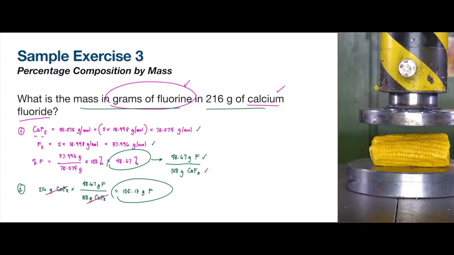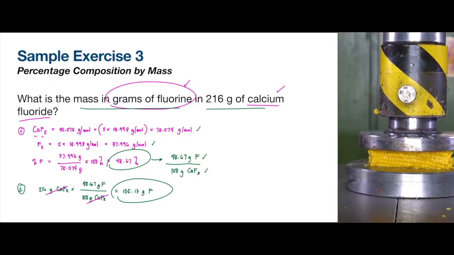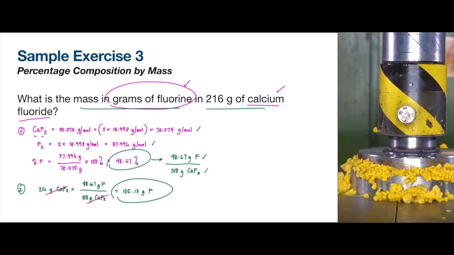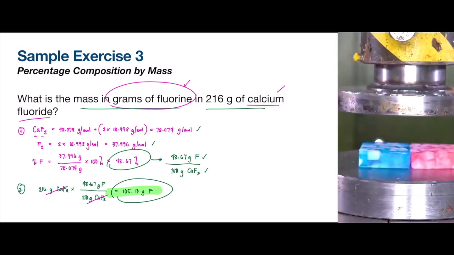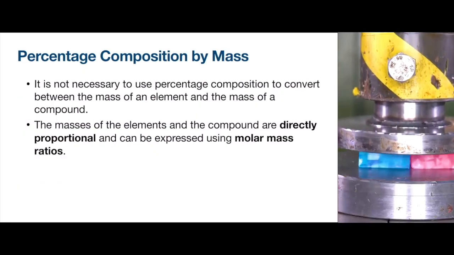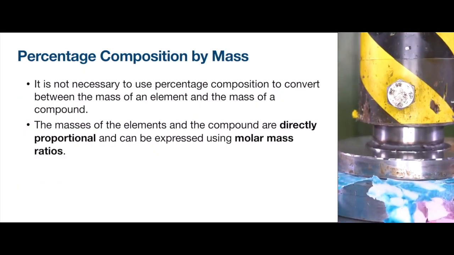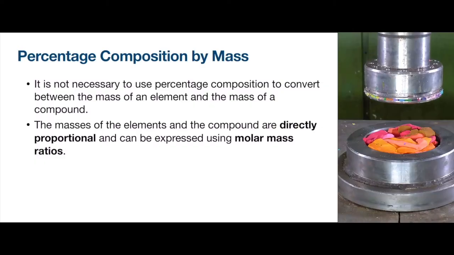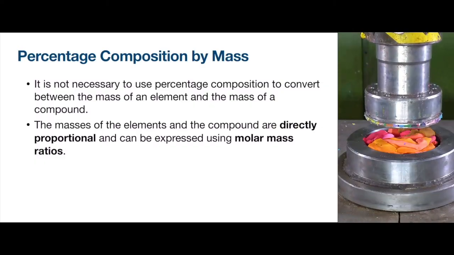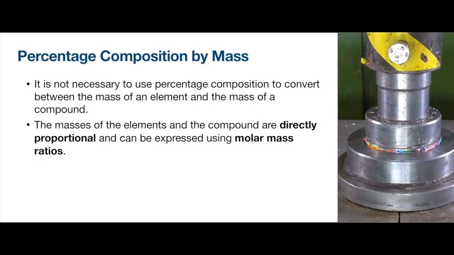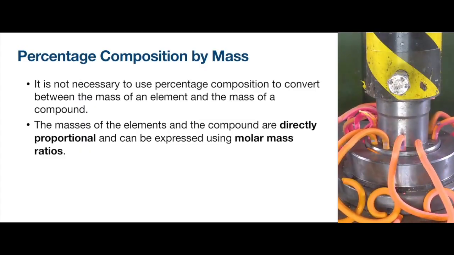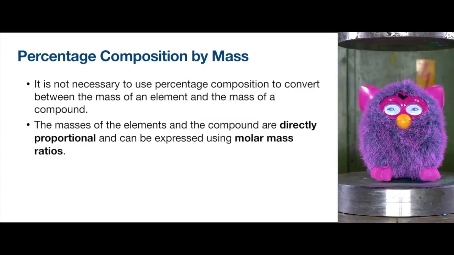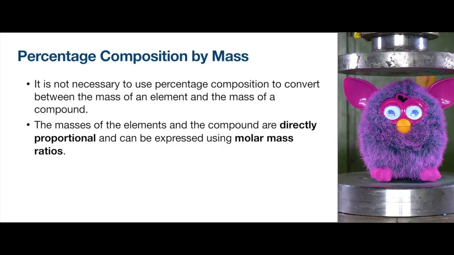Therefore, in 216 grams of calcium fluoride, there are 105.13 grams of fluorine. At this point, it is important to note that we don't always need percentage composition to convert between the mass of an element and the mass of the compound. That's because the masses of the elements and compound are directly proportional to each other based on molar mass ratios.